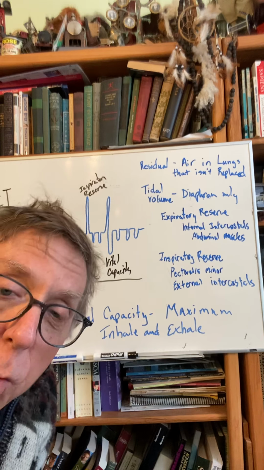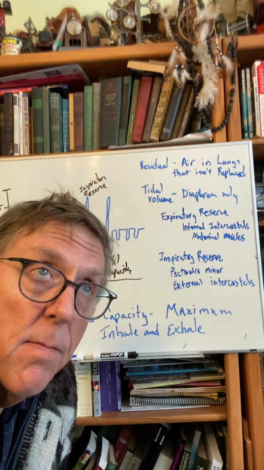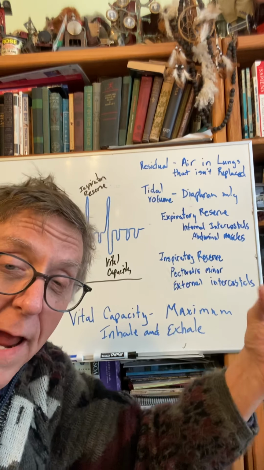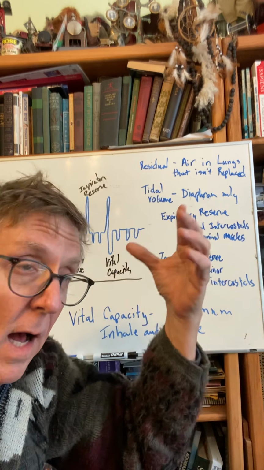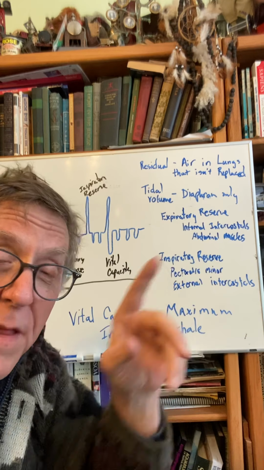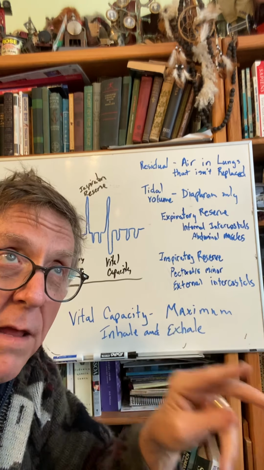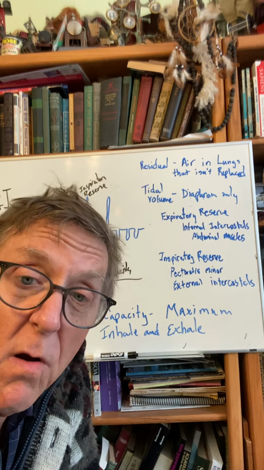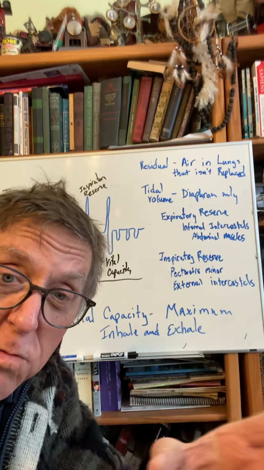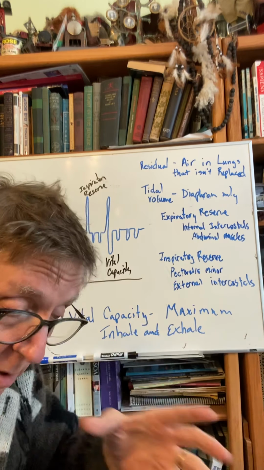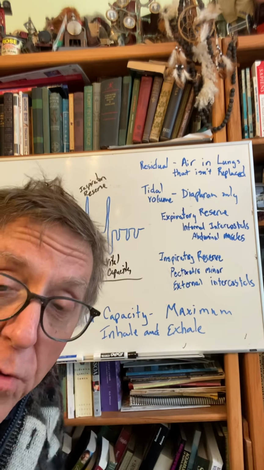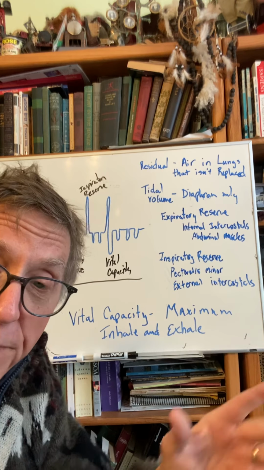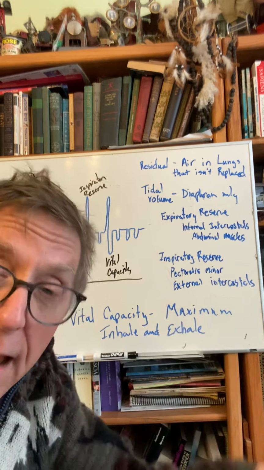If you remember, when we were talking about the respiratory tree, we had said you have the larynx and the trachea and the bronchi, the primary, secondary, and tertiary bronchi, and we said they are cartilaginous. So they're rigid, so there's air filling those spaces that you cannot exhale.